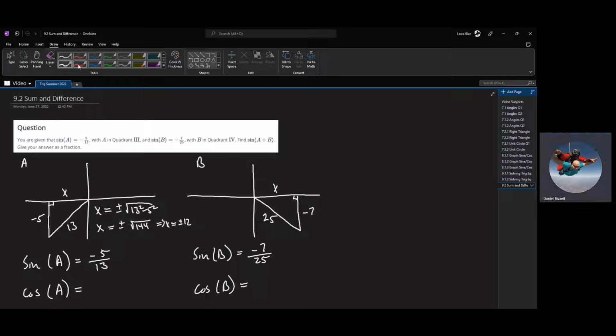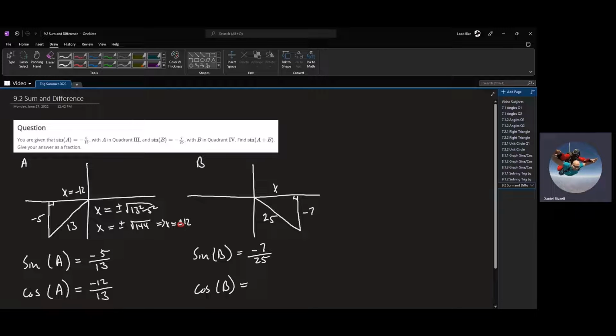So in this case, we're going to take the negative because in quadrant 3, we're going into the negative x direction. So x is equal to -12, which means the cosine of A is -12/13.